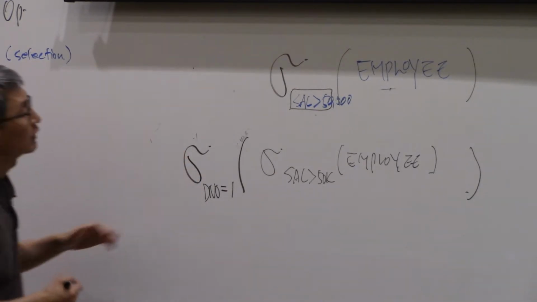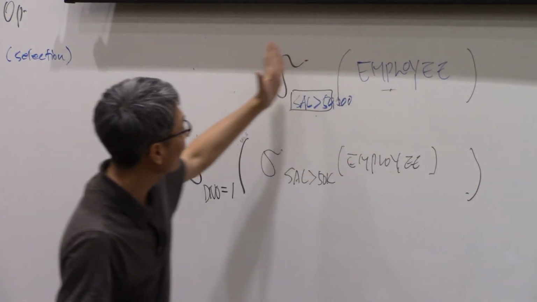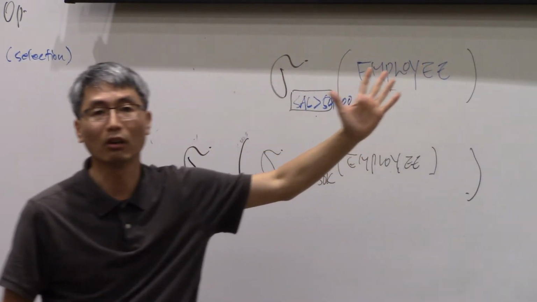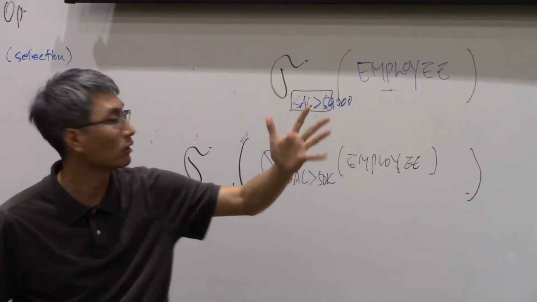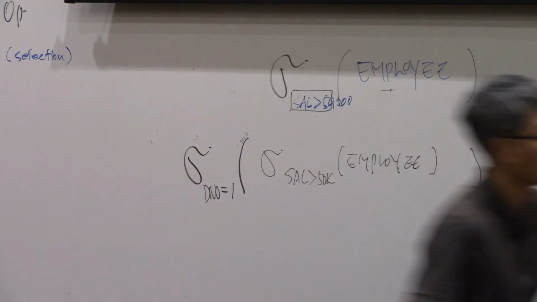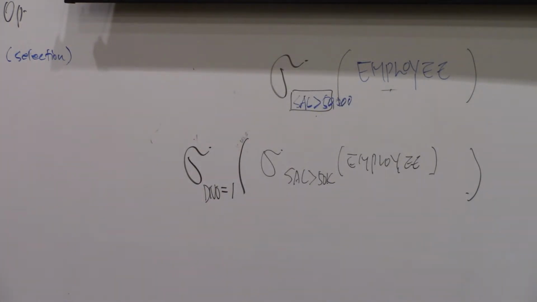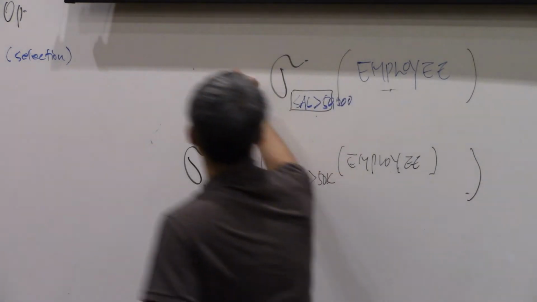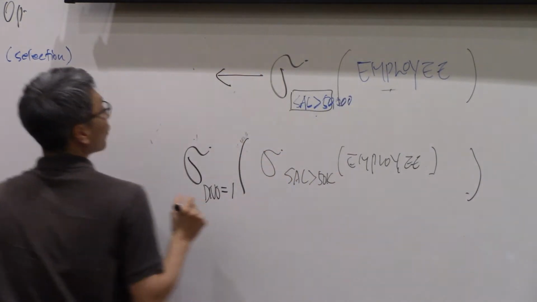One more thing. The relation output has no name, so we are going to make a name for the output. The name for the relation is given with an arrow like this.